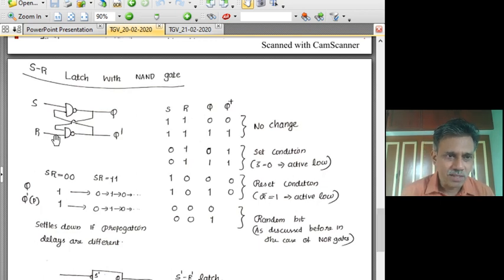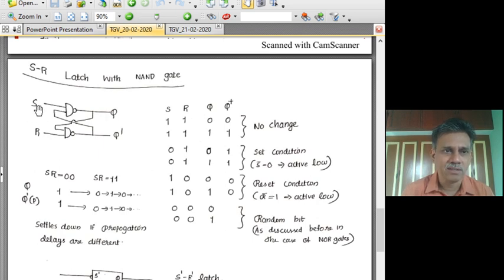In this case, we have used two NAND gates and they are cross-coupled in the sense that the output of one NAND gate acts as one of the inputs for the other NAND gate and vice versa. The output of the second or bottom NAND gate goes as the input of the top NAND gate and vice versa. There are two free inputs at both these NAND gates which are taken out.